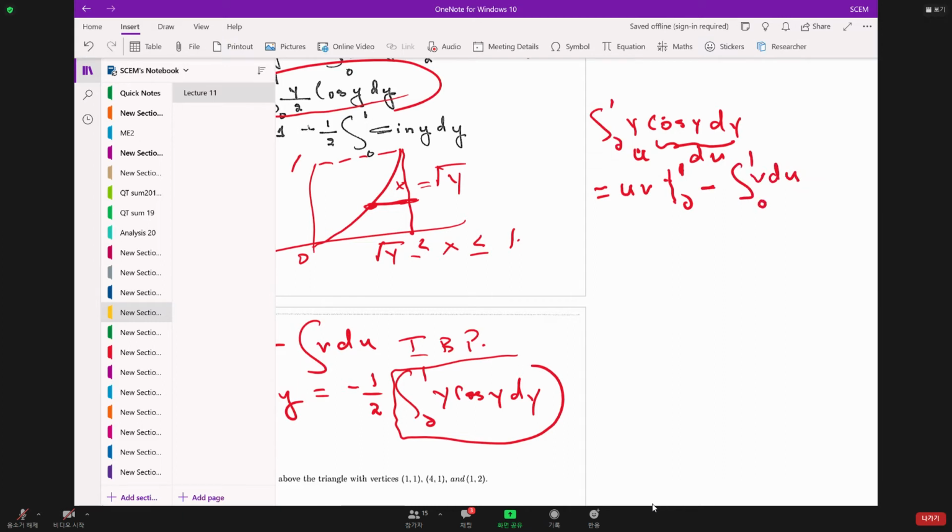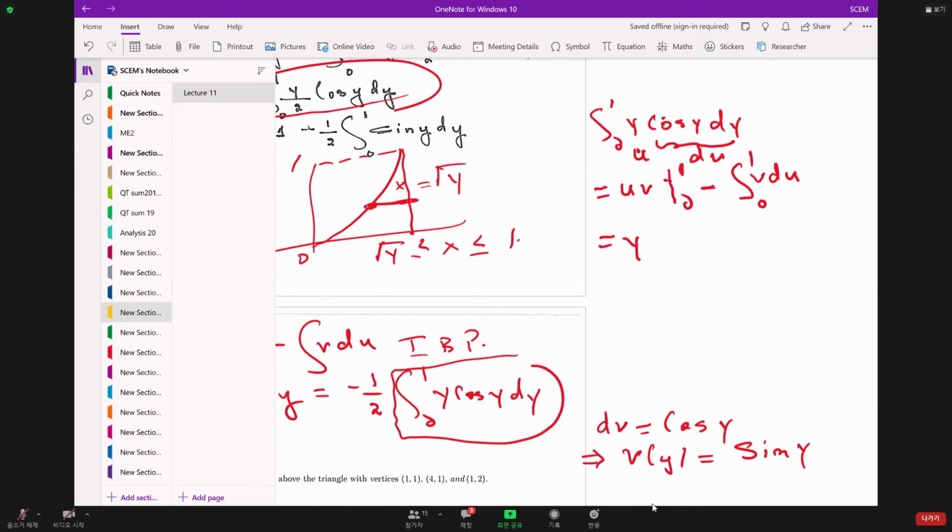Your u is y, but your dv is cos y. So dv over dy is cos y, which implies that v, a function of y, is simply sine y, because if you differentiate sine y, you get cos y.